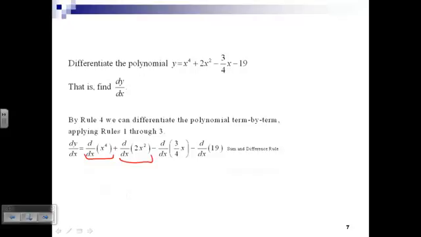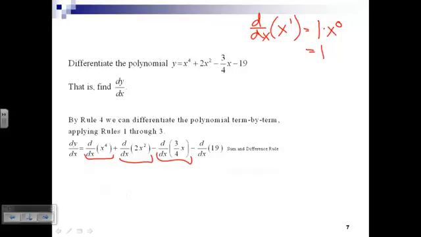How about this one? Constant multiplier, and then the derivative of x actually falls under the power rule. The derivative of x is like the derivative of x to the first power, and so the derivative ends up being the exponent 1 times x, and we have to reduce the power by 1, and we get 0, and x to the 0th is 1.